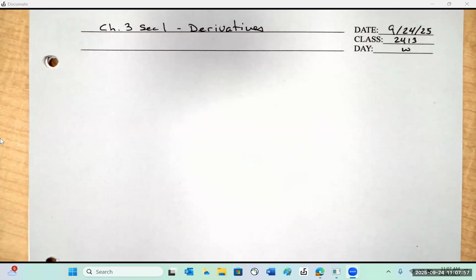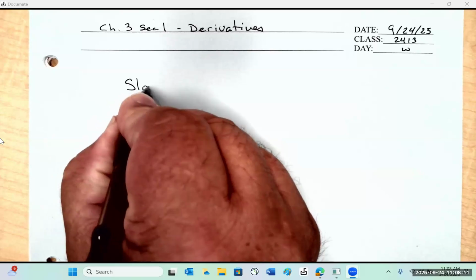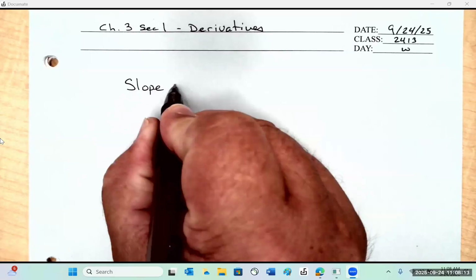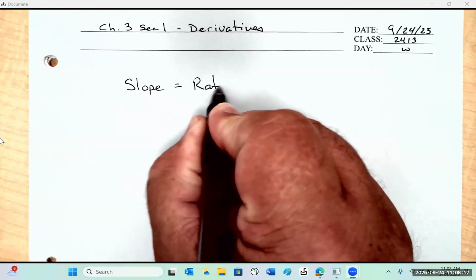Because remember in chapter 2, the whole goal of chapter 2 is what? What do we start off finding? The first thing we talked about was a slope. That was a rate of change.